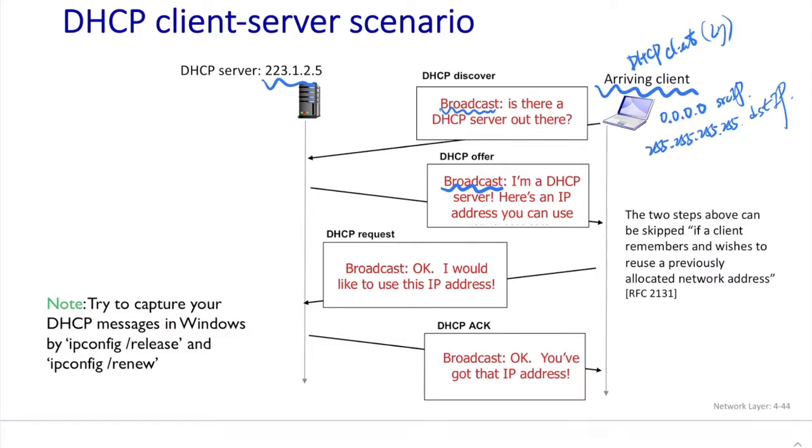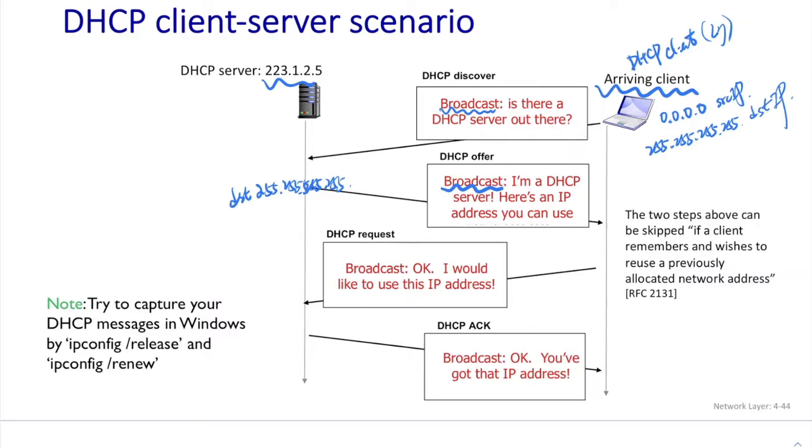The destination IP address is still a broadcast address, so every network interface card in the subnet can receive it. This packet is called a DHCP offer, and there is some information in the layer 7 message.